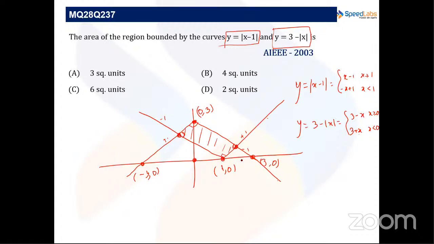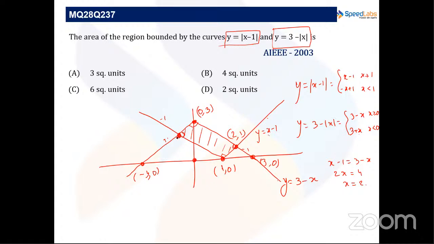We are having this point. So this line was y equals to 3 minus x, and this line was y equals to x minus 1. So x minus 1 equals to 3 minus x. So 2x will be equals to 4. So x will be 2. Put x equals to 2 in here. y will be equals to 1.